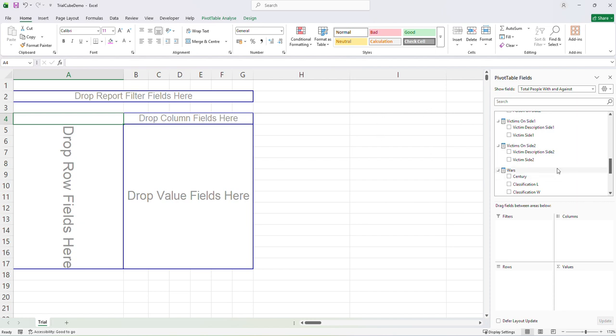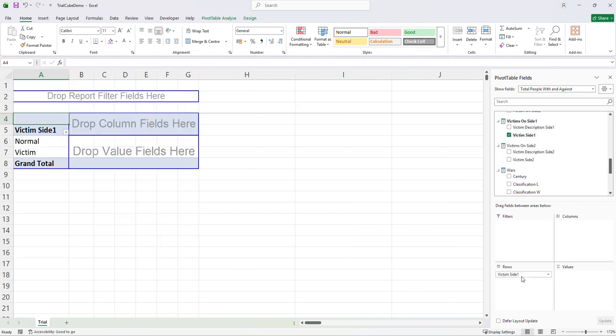If I want to find the victims on side one, which is the winning side, I'll be using this one, victims on side one. If I bring this here, you'll see it is normal and victim. All the people on side one are given two labels, normal and victim.